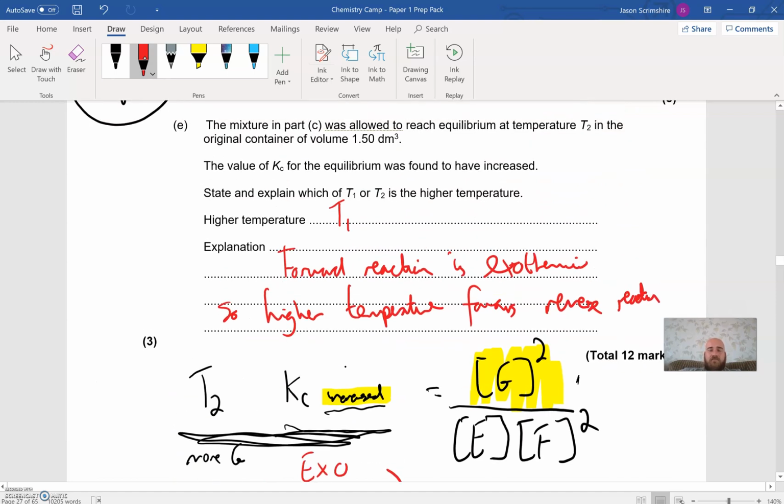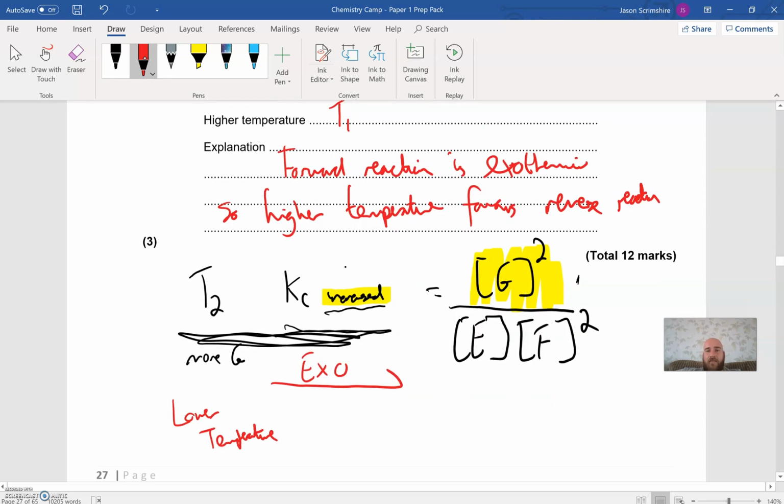Well, the higher temperature must be T1. Why? Because the forward reaction is exothermic, so a higher temperature will favour the reverse reaction, as it is endothermic, to lower the temperature. And that will lead to a smaller Kc overall.